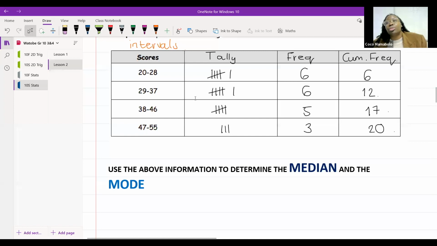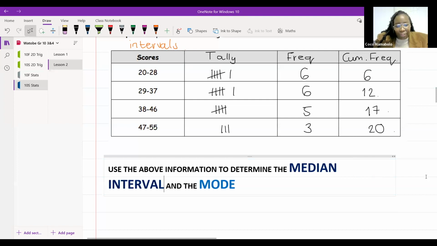And what we're going to do, guys, is use this frequency table to find the median interval and the modal interval.